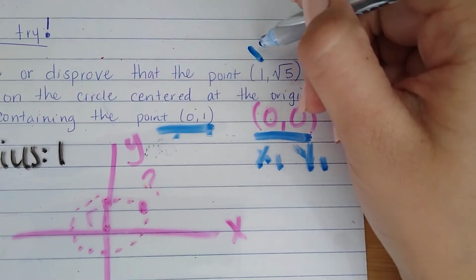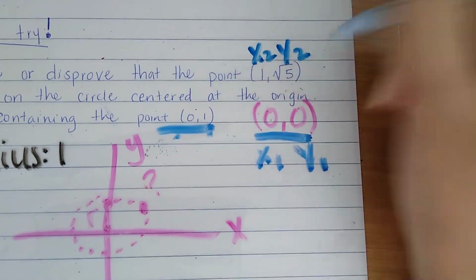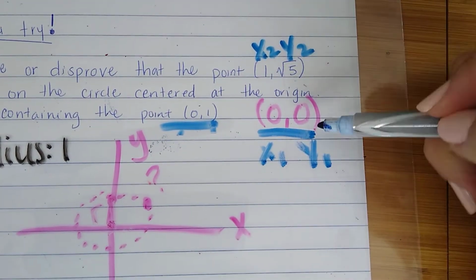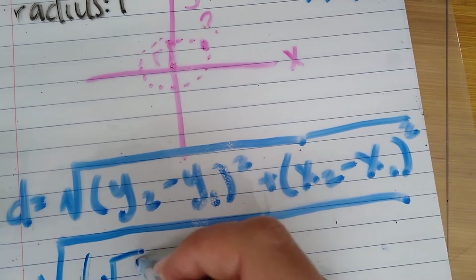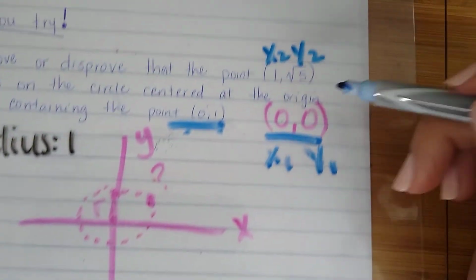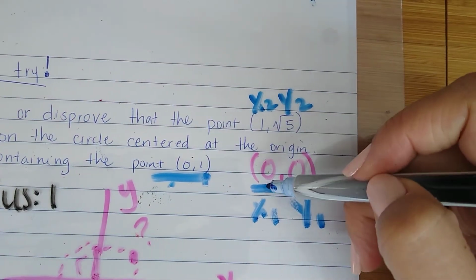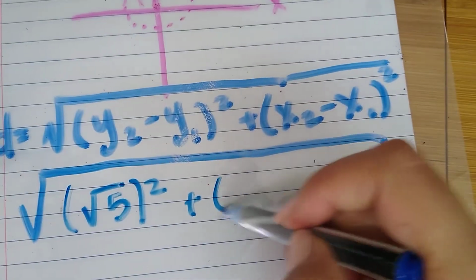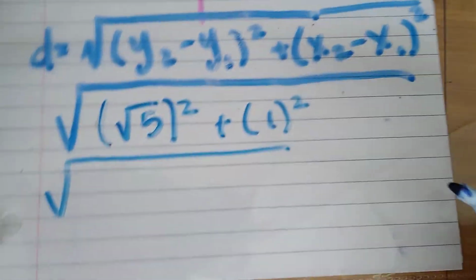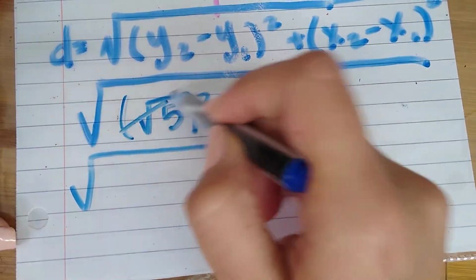Now this is going to be x2, y2. Okay, so the first step is y2 minus y1. So that's going to be just square root of 5 squared plus x2 minus x1. 1 minus 0 is just 1 squared. And then 5, this cancels out.